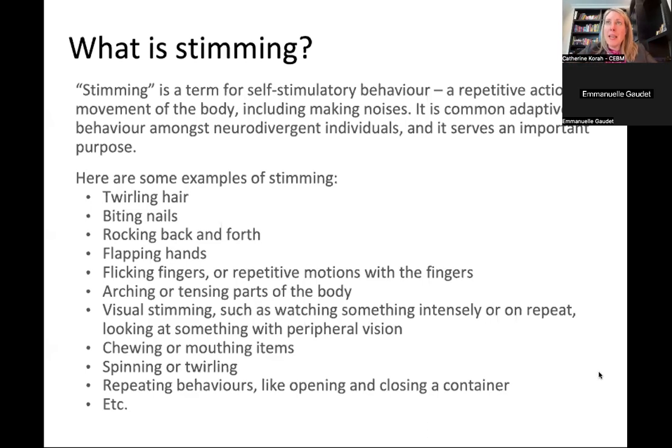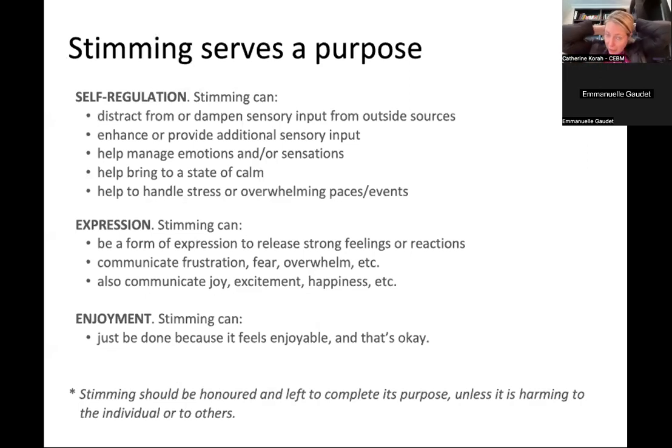And so I'm not saying that we should let them stim all the time at any place at any time, but can we give it parameters and outlets to be able to channel that need for stimming? And so I mentioned in terms of having a purpose. And so here are the three categories: self-regulation, expression, and enjoyment.